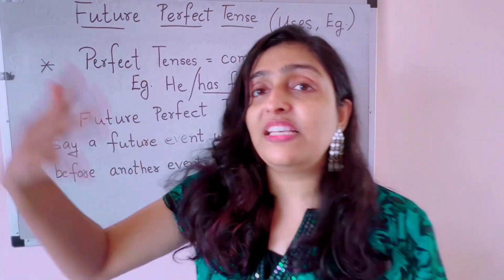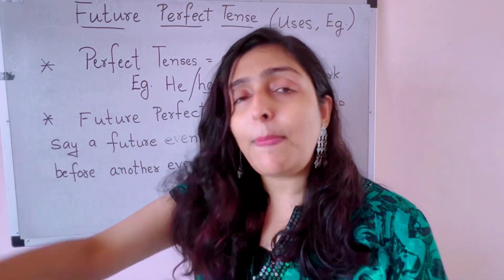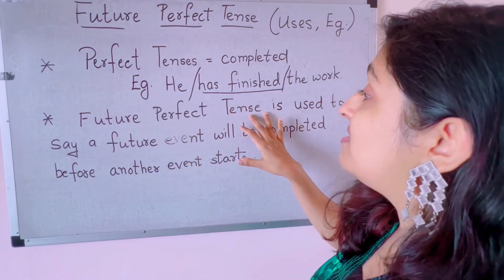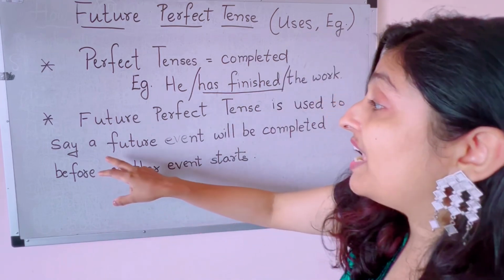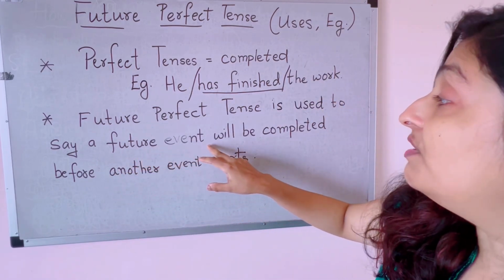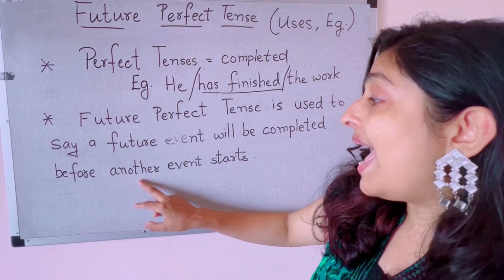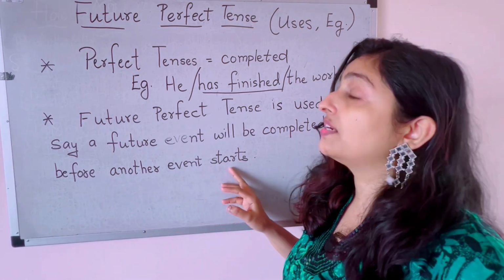The time lies ahead. The time is about to happen. So future perfect tense is used to say that a future event will be completed before another event starts.